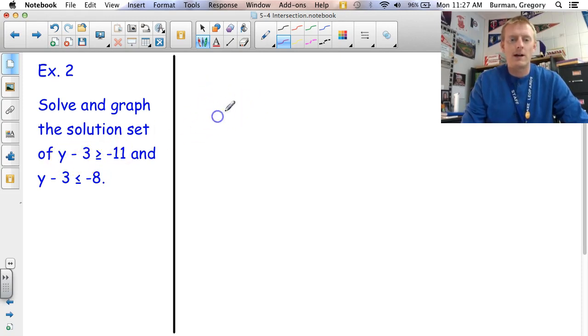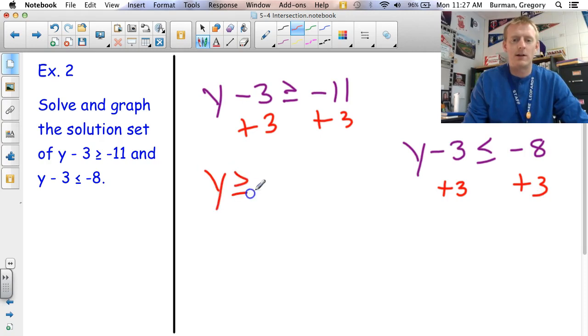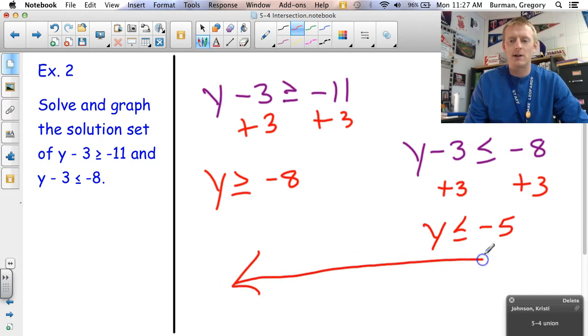So if y minus 3 is greater than or equal to a negative 11, and then we have y minus 3 is less than or equal to a negative 8, we can do exactly what we did before, solving the two problems by adding 3 to both sides. And we're left with y is greater than or equal to a negative 8, and y is less than or equal to a negative 5. And then we can create those two situations.